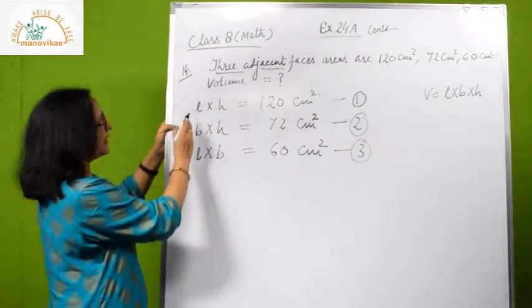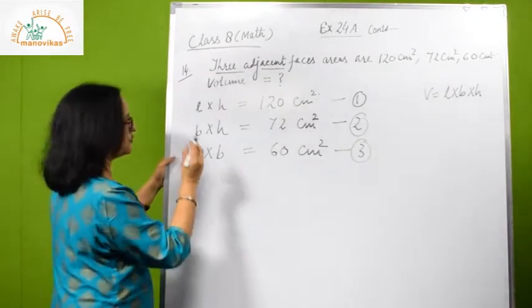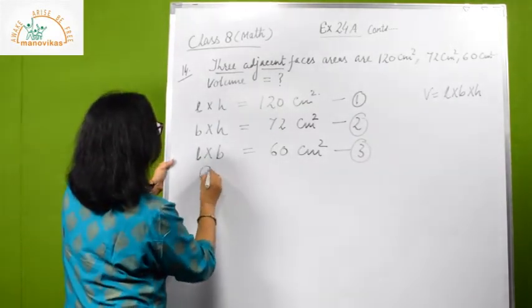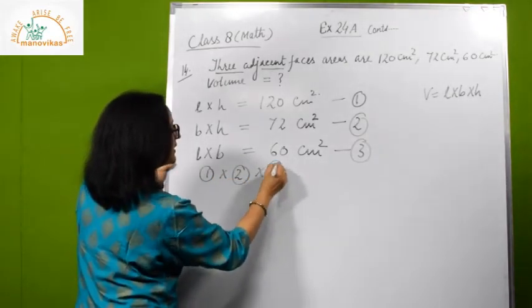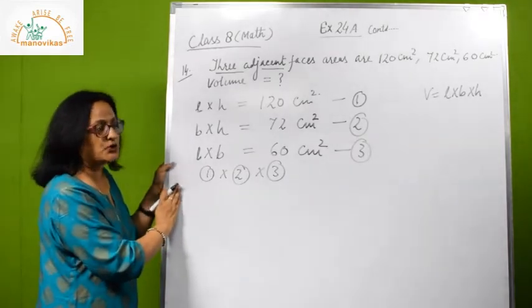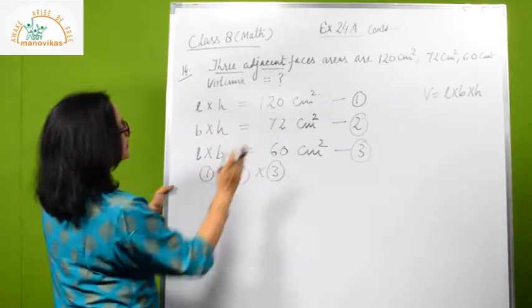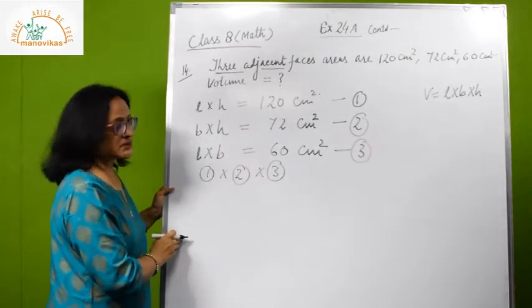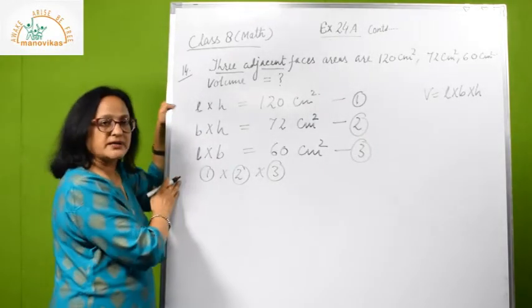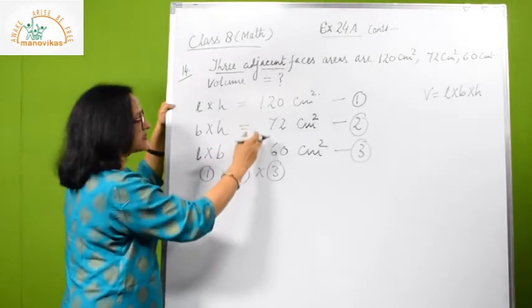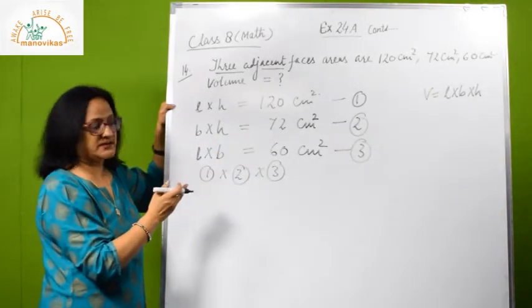So if we multiply all these 3 equations, what happens? Here you have to mention 1 multiplied by 2 multiplied by 3. Whatever you are doing, it should be clear from your steps. So we are multiplying these 3 equations. When we multiply equations together, left hand side should be multiplied by left hand side and right hand side should be multiplied by right hand side.